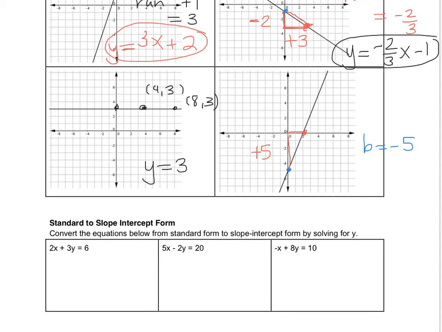And I go to the right 2, so that's positive 2. So my rise over run is equal to positive 5 over positive 2, which we remember is just 5 over 2. So the equation of my line is y equals 5 over 2x minus 5.